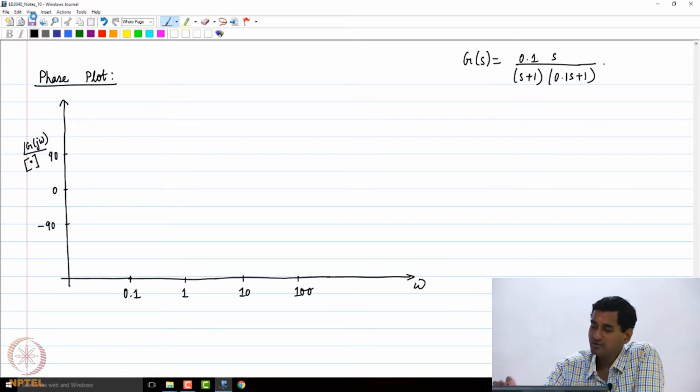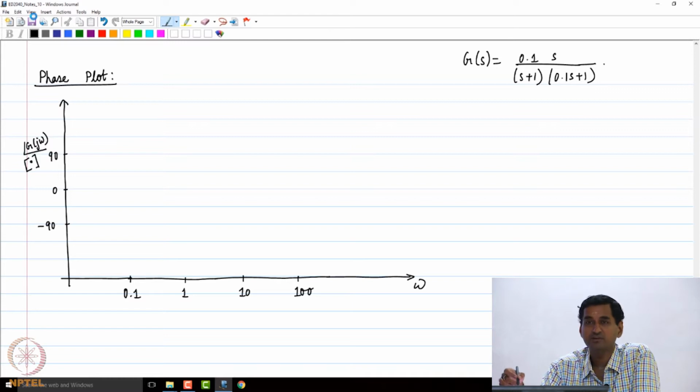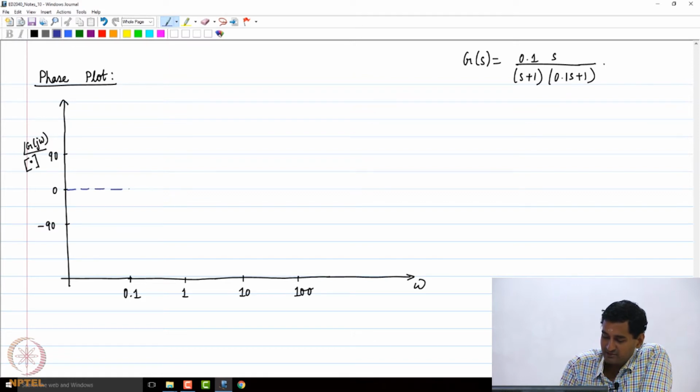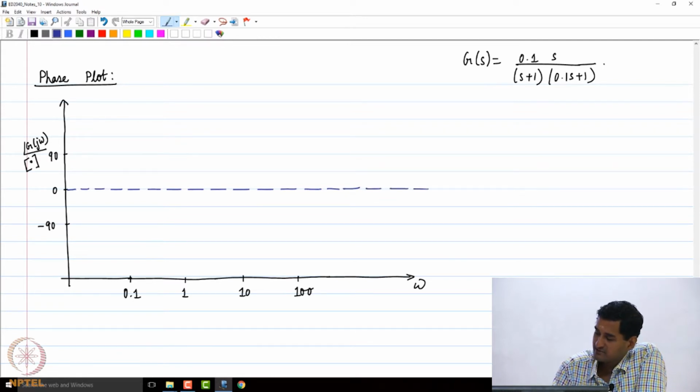Okay. So now what is going to be the phase contribution of 0.1? The phase contribution of 0.1 is going to be 0 degrees, right? So I draw a horizontal line at 0 degrees. Okay. So this is going to be the contribution from 0.1.